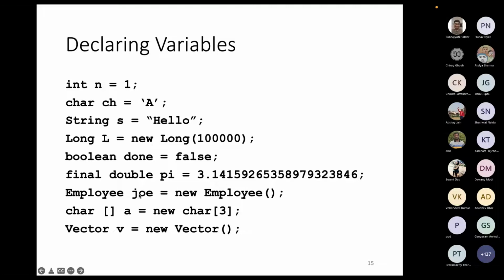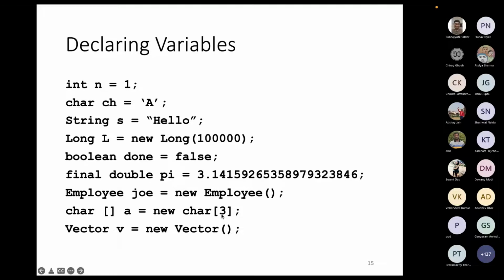And then it is assigning that instance to Joe. So in Java, for all objects, your variables actually store the reference to that object. So this Joe is actually a reference to this instance or this object of type employee. Here again, you are defining a character array, and here the size of the array is 3.